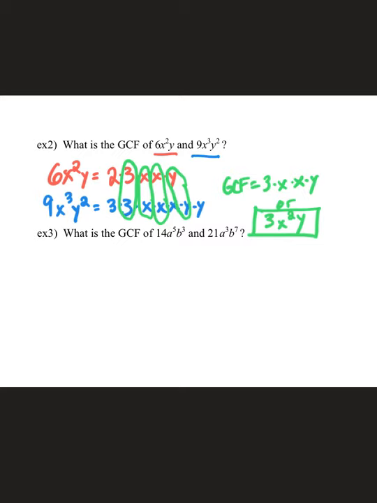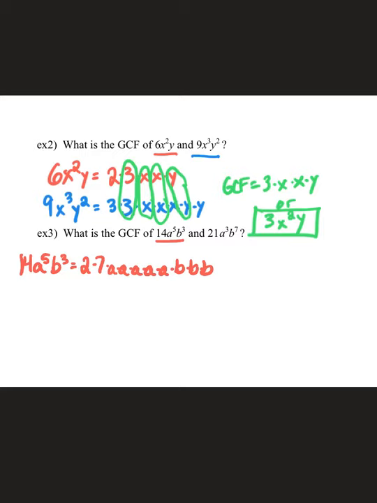All right, so let's take a look here. Let's start with our first number. We have 14a to the 5th b to the 3rd. If I split up 14 into its prime factors, I would get 2 and 7. And then I'm going to expand the a's and the b's. So I'd have 5 a's here and 3 b's.